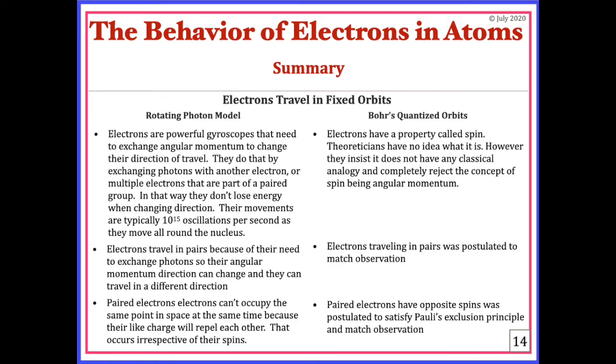However, they insist that it does not have any classical analogy and completely reject the concept of spin being angular momentum. In the Bohr model, it was postulated that electrons traveled in pairs to match observation. No physical reason was given for their preference for pairs. Furthermore, those pairs of electrons had opposite spins to satisfy Pauli's exclusion principle.